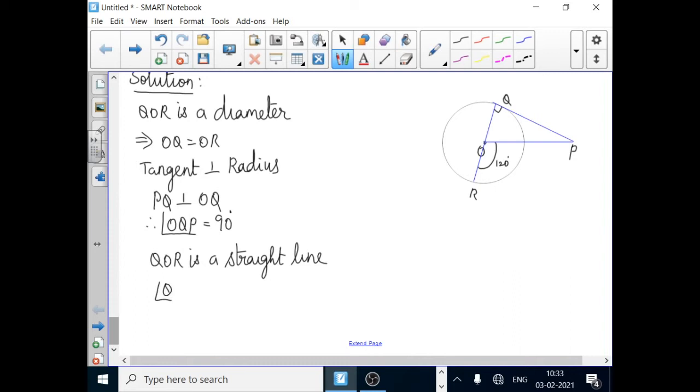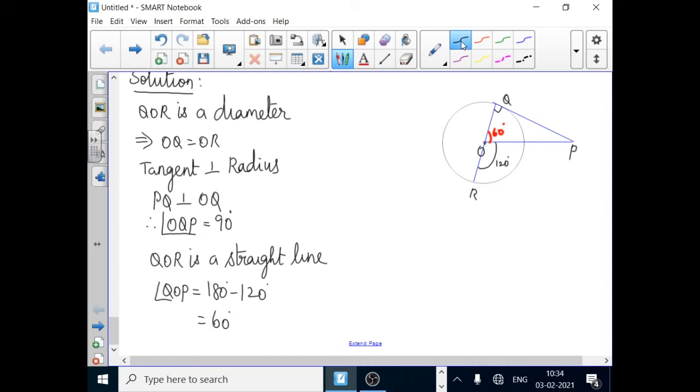Angle QOP is equal to 180 degree minus 120 degree. A straight line has 180 degree above and 180 degree below. So if you subtract, you will get the answer for angle QOP, that is equal to 60 degree. This is 60 degree.